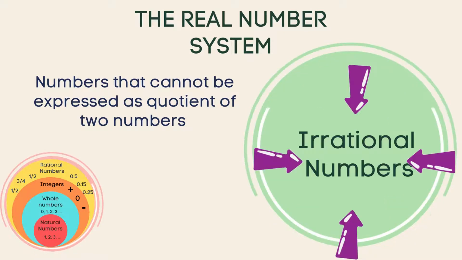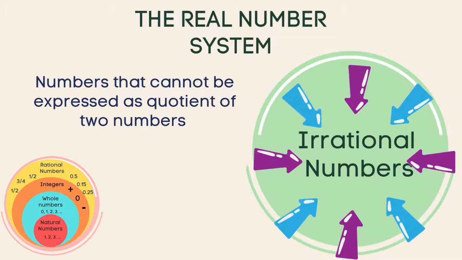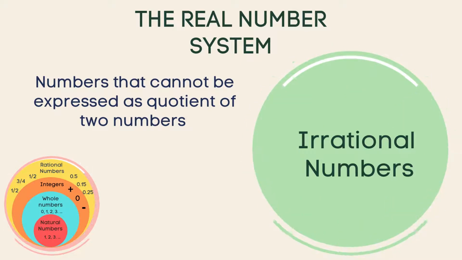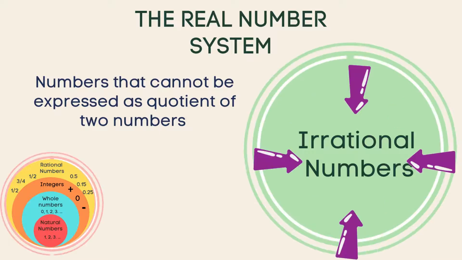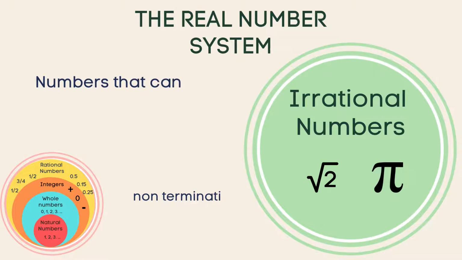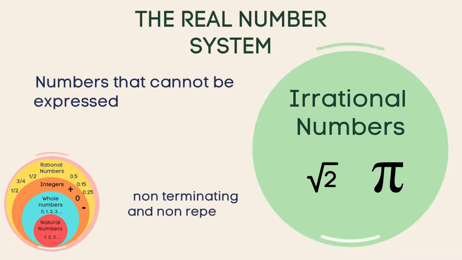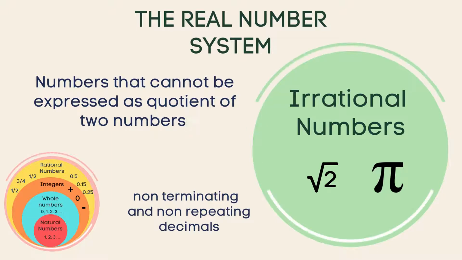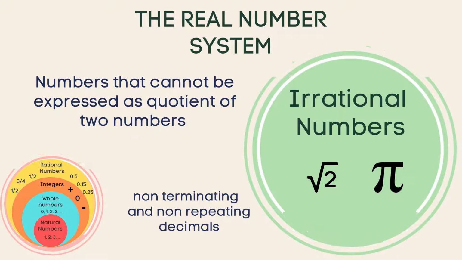We cannot convert irrational numbers into fractions or decimals, and vice versa. What are examples of irrational numbers? The most common examples are pi and the square root of 2.